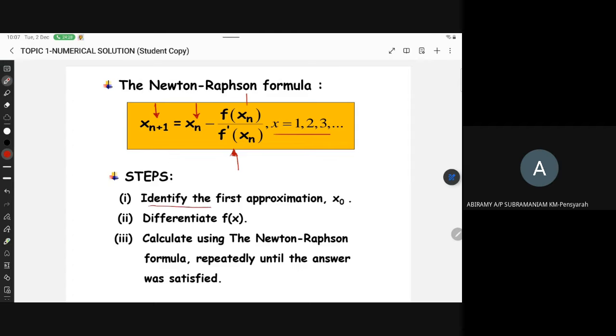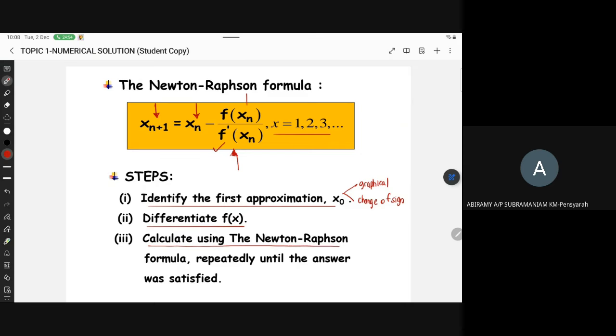First, we need to identify the first approximation. We have two methods to identify the first approximation. One is graphical consideration, another one is change of sign, which we have done before. Then we need to differentiate f(x) because the formula has f prime of x.